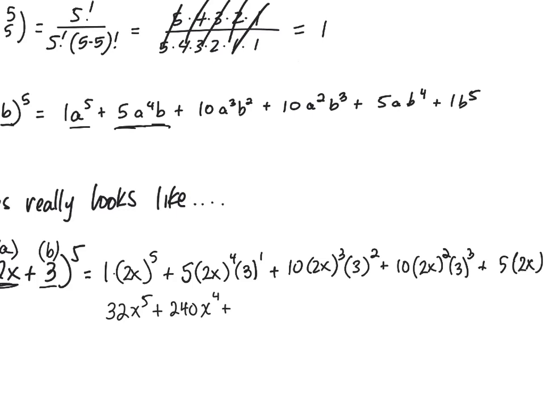And then 8 times 10 is 80. And then 80 times 3 squared, which is 9. 80 times 9 is 720. And then the variable is going to be x cubed.